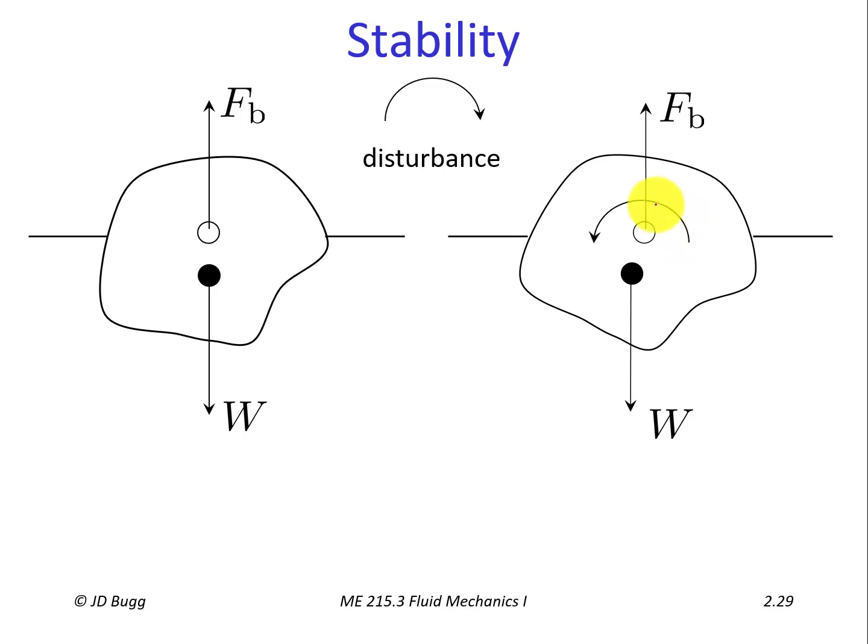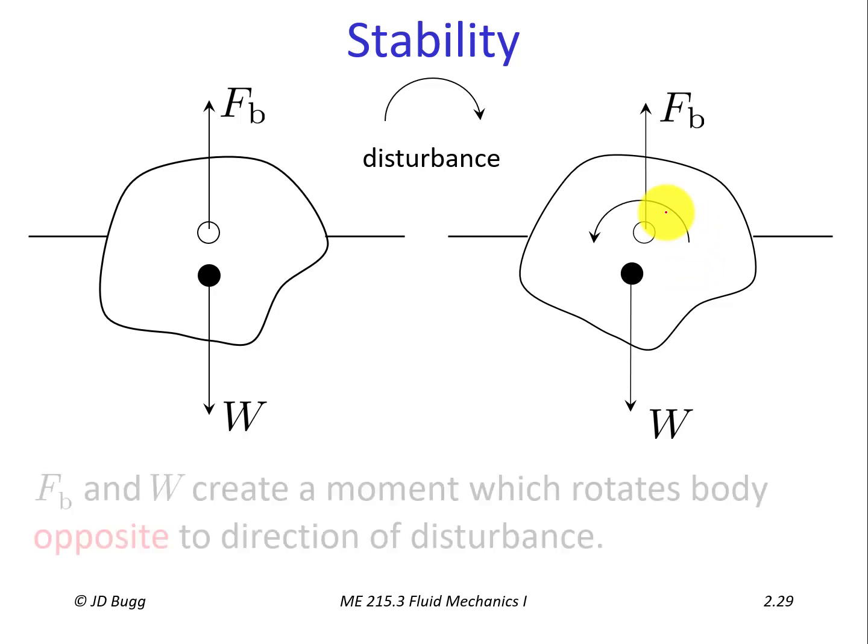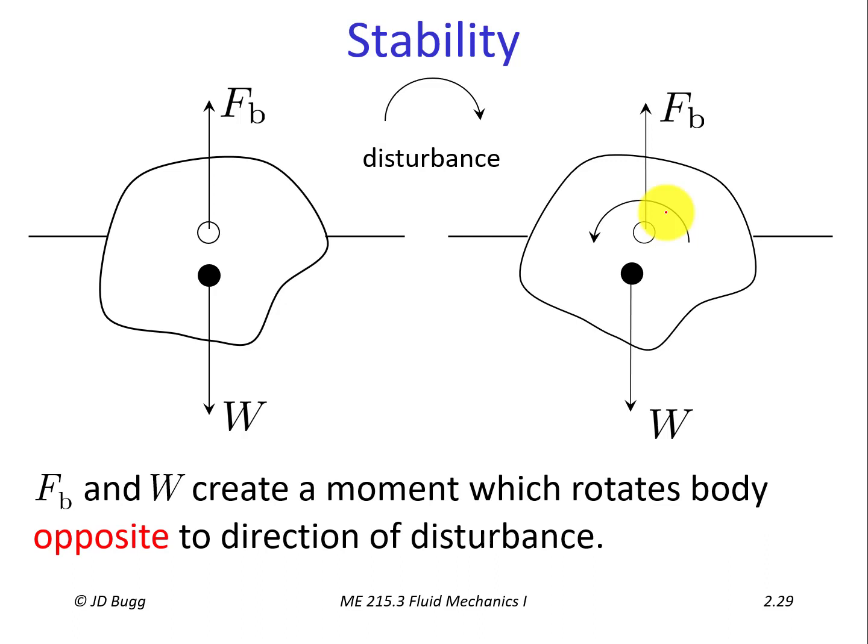It's going to want to rotate this object counterclockwise. So our original disturbance was clockwise, but that produces a moment which is in the opposite direction. So FB and W create a moment which wants to rotate this body in the opposite direction of the disturbance.